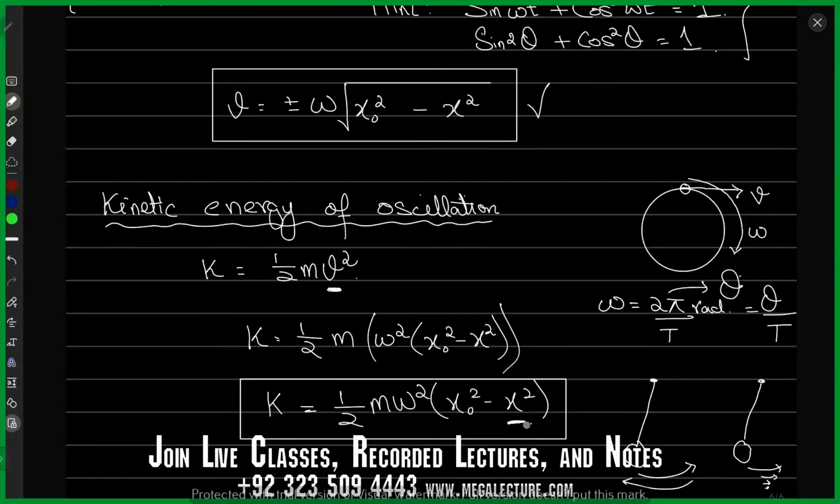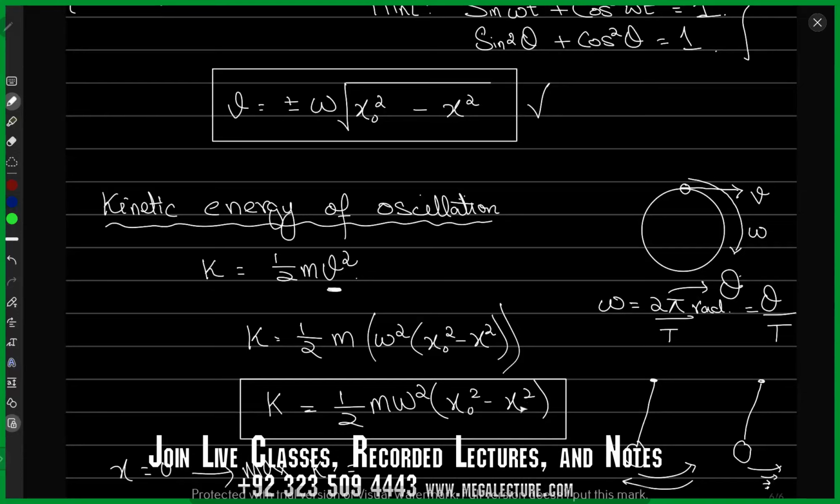By the way, what do you think would be the maximum kinetic energy? The maximum kinetic energy of the system is when, for example, a pendulum is crossing its mean position, right? And at mean position, displacement is 0. So when a pendulum crosses its mean position, that's when it has the maximum velocity.